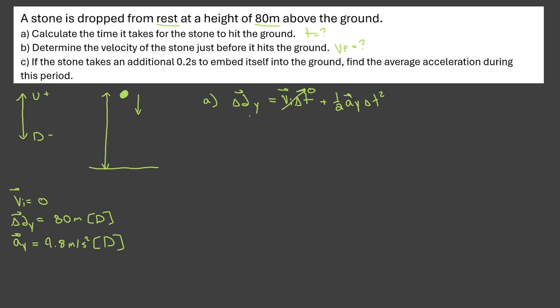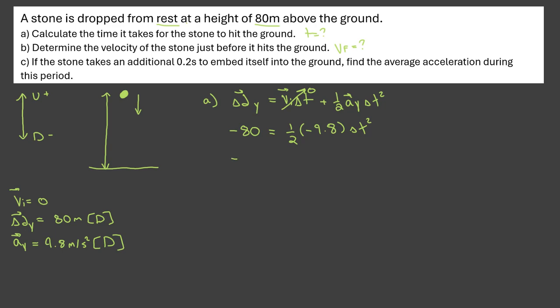So my displacement in the y is 80 meters down. So I'm going to put negative 80, because based on my compass, I've stated that the downwards direction is negative, so I'll account for that value here. So negative 80 equals 1/2 times negative 9.8, which is my acceleration, times my time squared. Now I'll just rearrange and solve for my time.